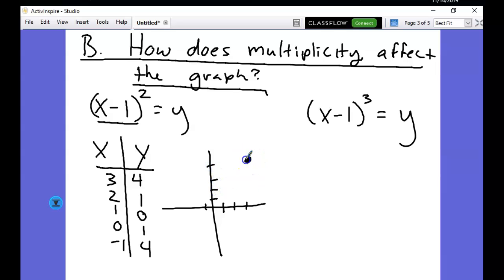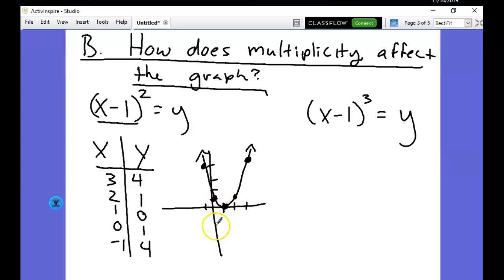So 3, 4, 2, 1, 1, 0, 0, 1, negative 1. Okay, so here's what I want you guys to notice: we started here, right? And it was going down, down, down, and then what happened here? It started going up.